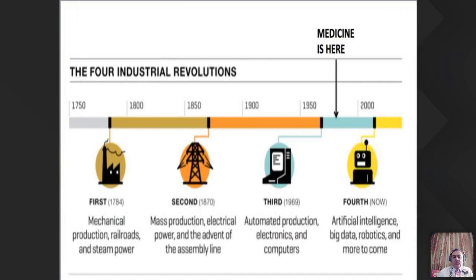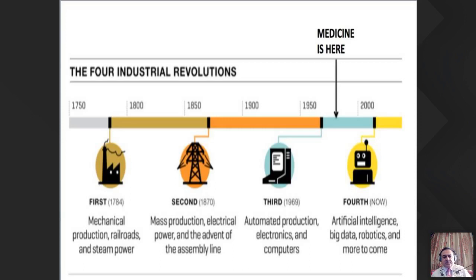Speaking of when quality really started to show in medicine, as you can see after the 50s, in the first industrial revolution it was all about mechanical, like trains, railroads and steam power. So that's the first, mostly mechanical.